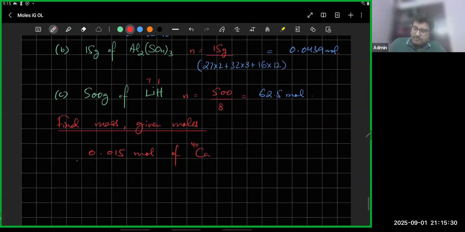So we know that moles is mass divided by molar mass, or in this case, the molar mass would be AR. So mass would be moles multiplied by the AR. If you rearrange the terms, that's what your mass is going to be. And your mass would come out to be 0.015 moles multiplied by the molar mass, which is 40 in this case. And if you do the math, what do we get?